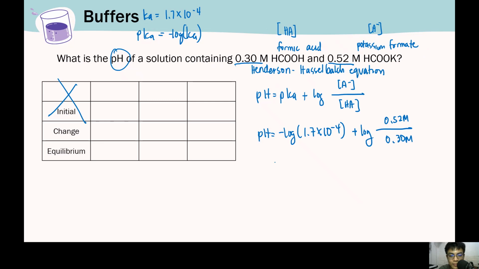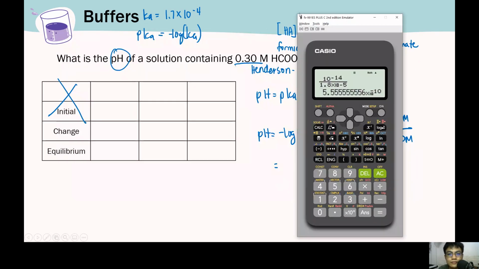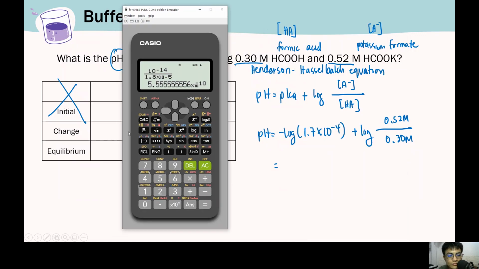Okay. Let's press it on the calculator. Negative logarithm of 1.7 times 10 raised to negative 4 plus logarithm of 0.52 divided by 0.30. Okay, so the pH is 4.01.